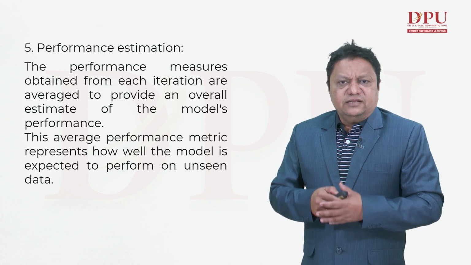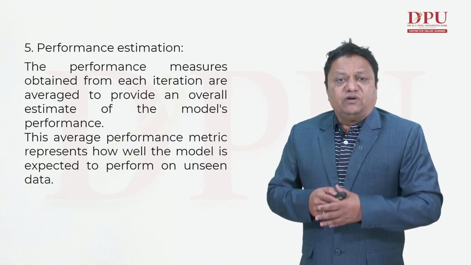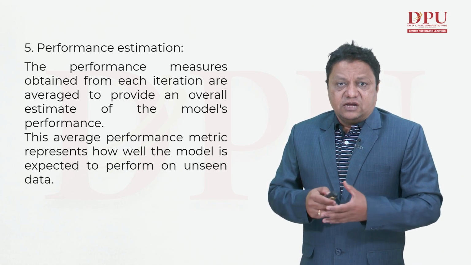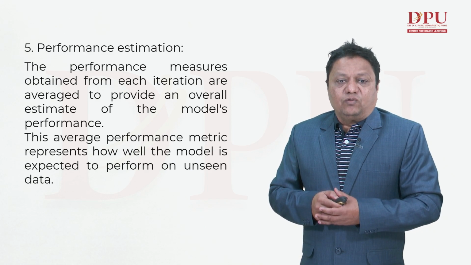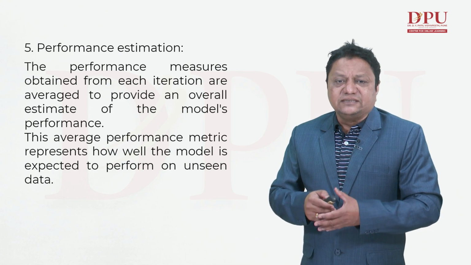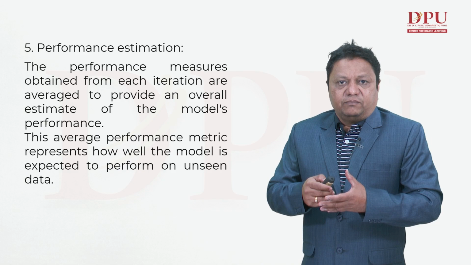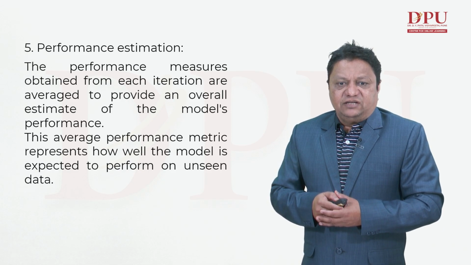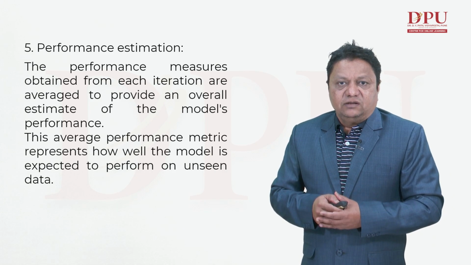Here, the performance measures that we have obtained in the previous step, from each iteration, are averaged to provide an overall estimate of the model's performance. So, in this step, we get the average of the performance measures that we have obtained in the last step.